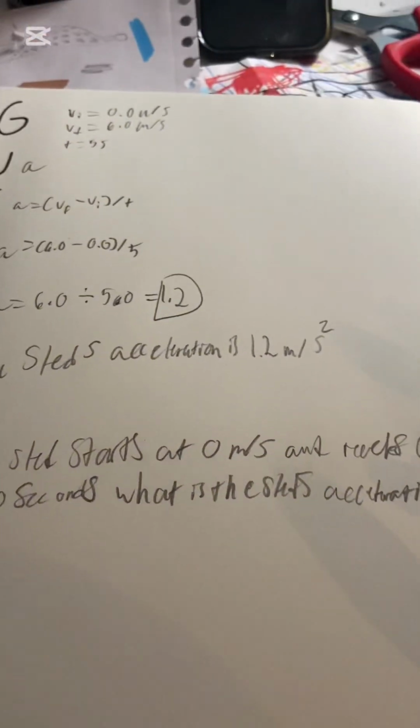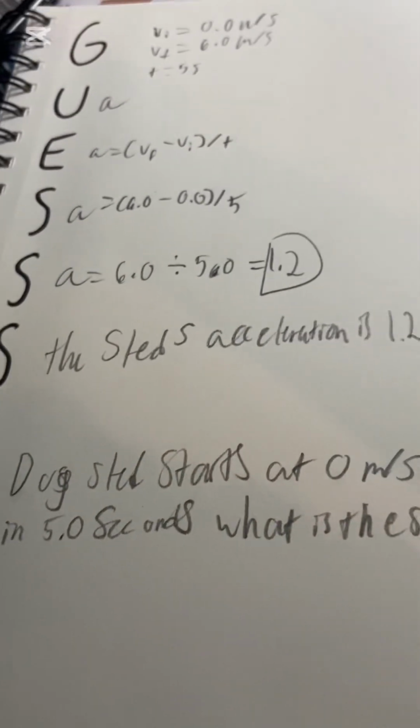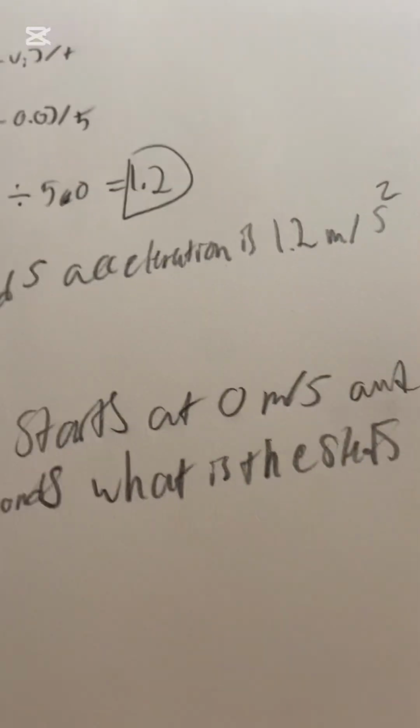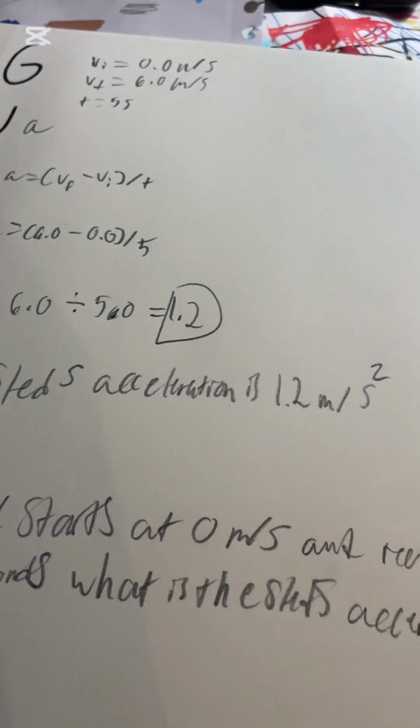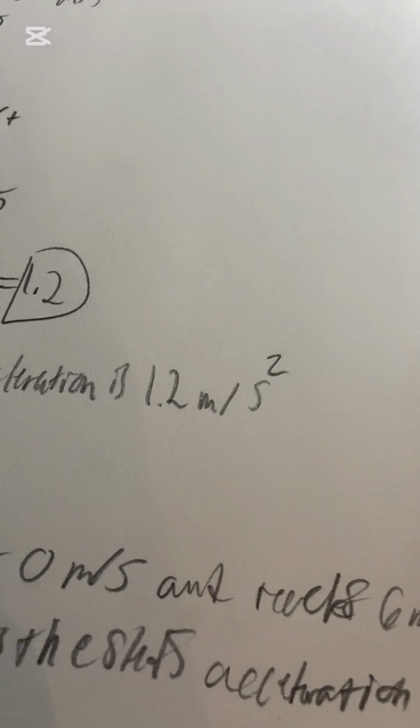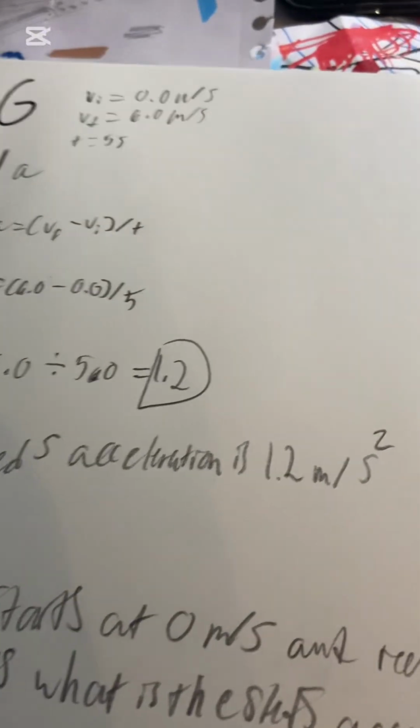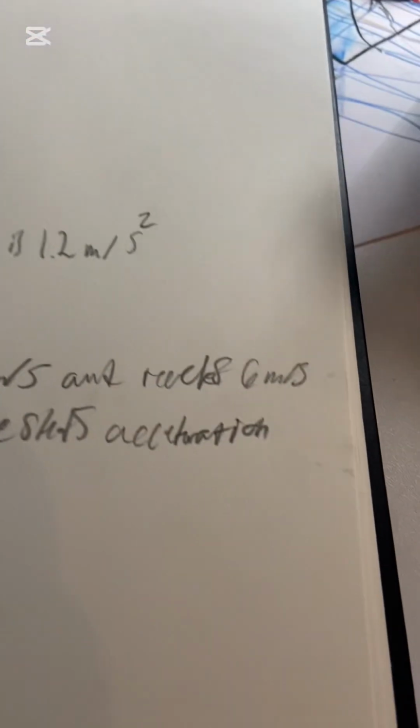And that's basically it for kinematics. We looked at how velocity describes speed and direction, and speed is just the speed of it, and it's important for tracking the sled's motion across the snowy field.